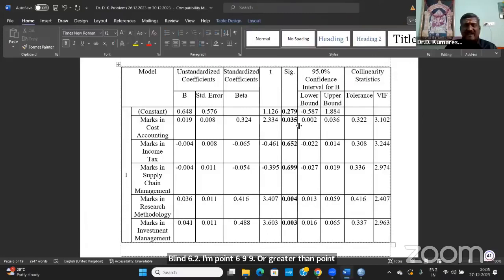So we call it not significant. When we compare the coefficients of x2 and x3, we find that they are negative.